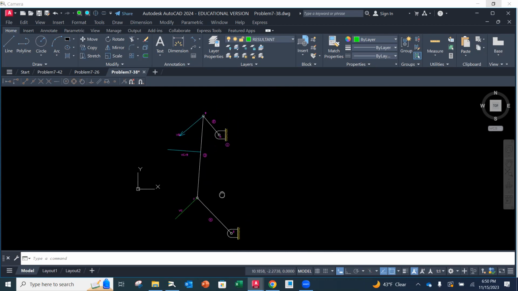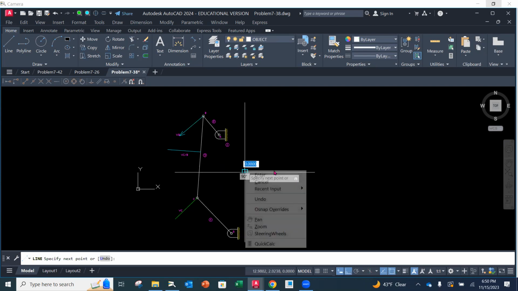So as far as direction wise, we get our directions for those velocities from our kinematic diagram. Once we have those in place, we are then going to establish our origin. Okay.